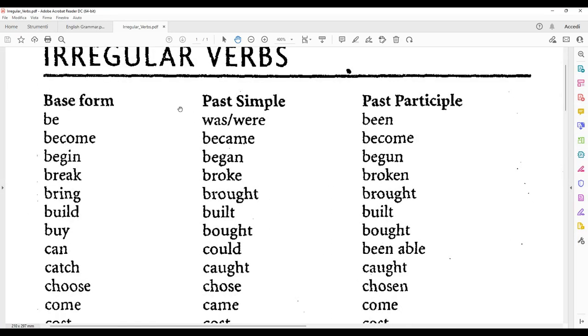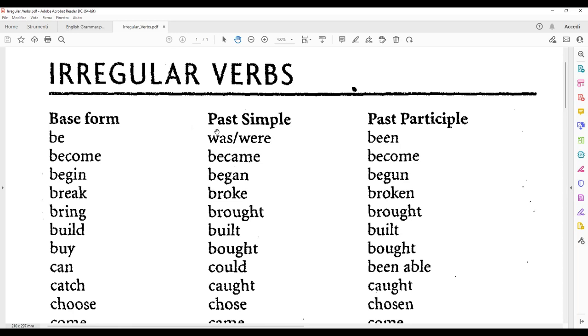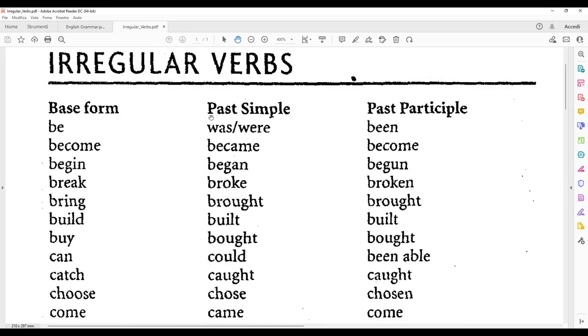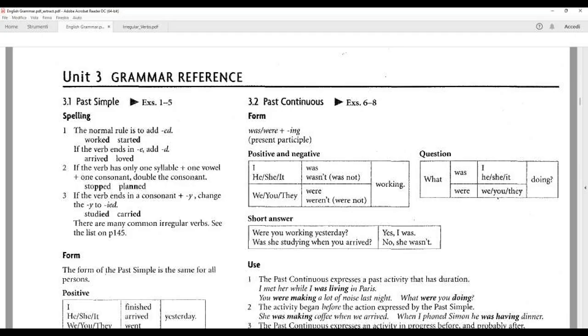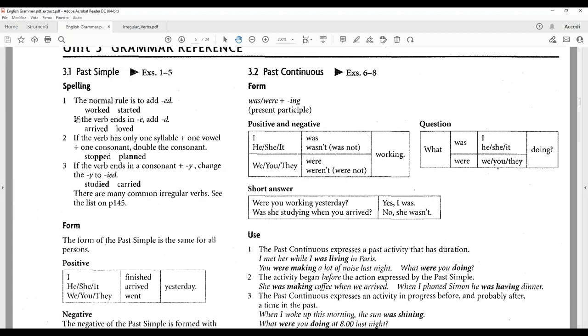So if a verb is irregular, then you must know the past simple. If the verb is regular, you can simply add an ed at the end of the verb. For example, work, I work, I worked.